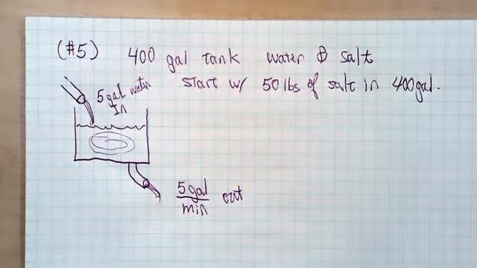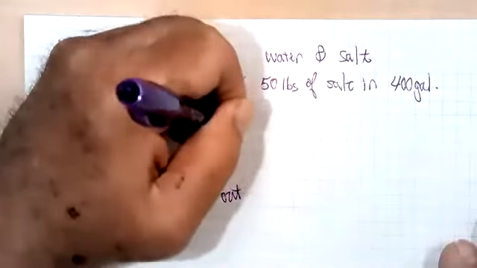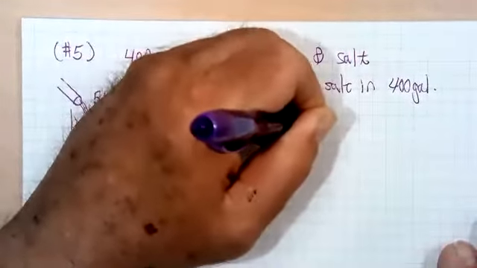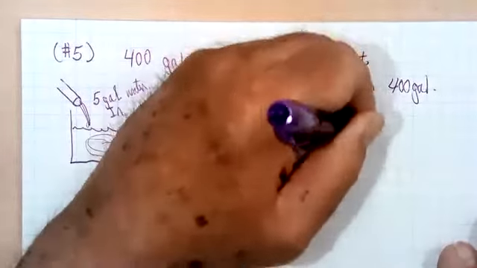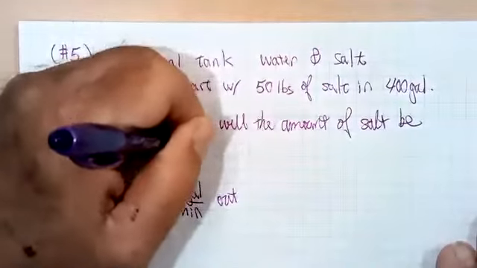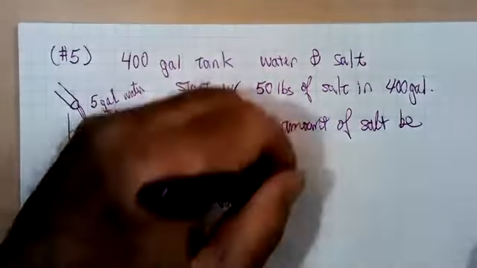Okay, now, what we would like to come up with is a differential equation that would model the amount of salt in the tank, because we want to know this: when will the amount of salt in the tank be reduced to, oh, I don't know, 20 pounds?